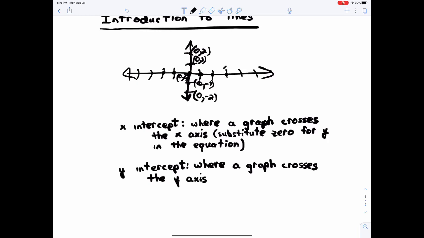And what can you tell me about all of those? Well, I hope it's obvious. Every single point on the y-axis has an x-coordinate of 0. So what do you do to find a y-intercept?